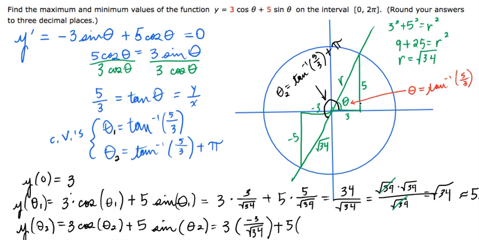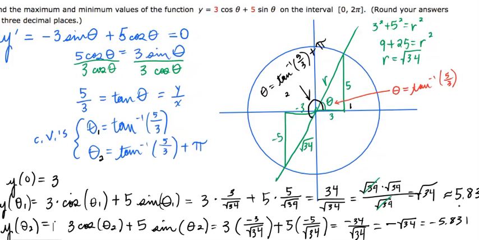Let's put theta 2 there, that's theta 1. Sine of theta 2 is y over r, so negative 5 over root 34. So in my first term, I've got negative 9 over root 34 minus 25 over root 34 is negative 34 over root 34. Factoring the numerator again and canceling the root 34s, I'm going to get negative root 34, which will be negative 5.831, just like that was the positive.